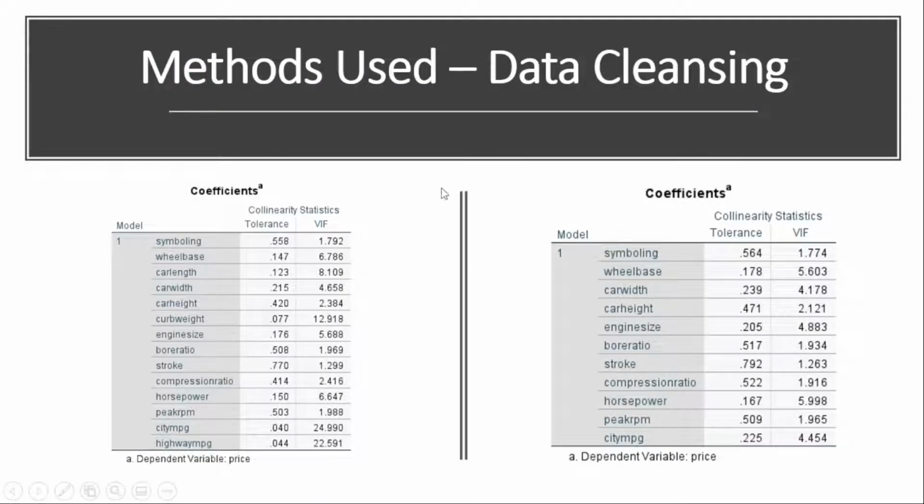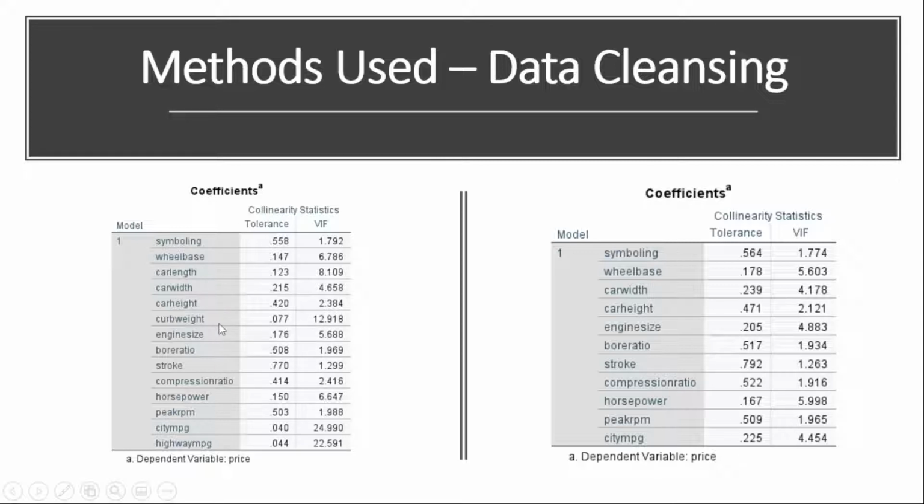In this slide I talk about data cleansing, especially multicollinearity and variance inflation factors. When you have 2 or more independent variables that are highly correlated, then you will not get a good result in creating your regression model.